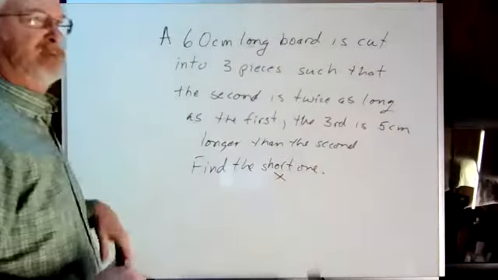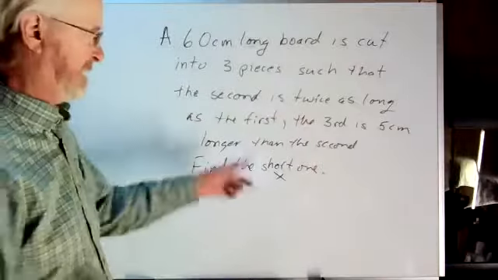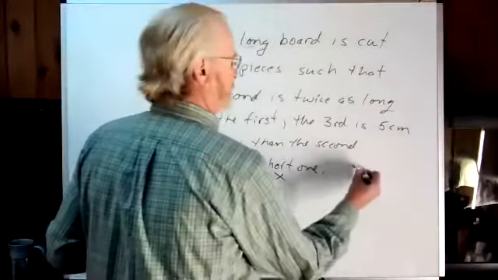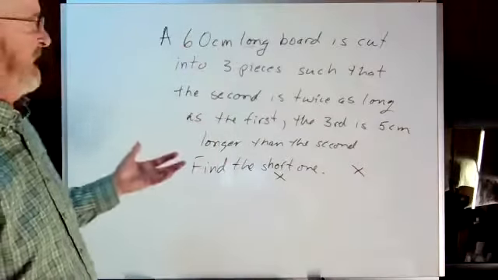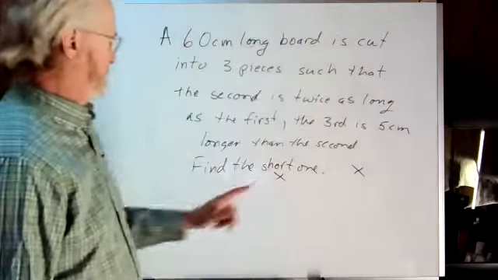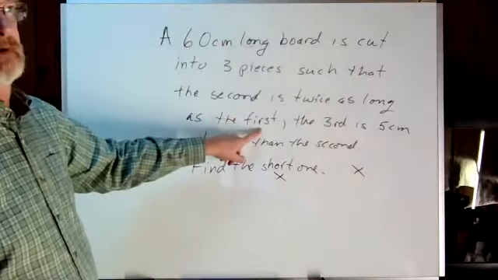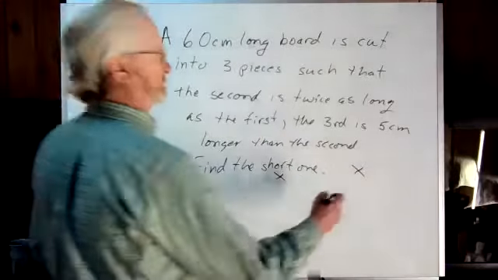So I need three expressions for the different lengths of pieces. Well, we already said one of them is just an x. What does the problem say for another relationship? The second is twice as long as the first, so 2 times the first.